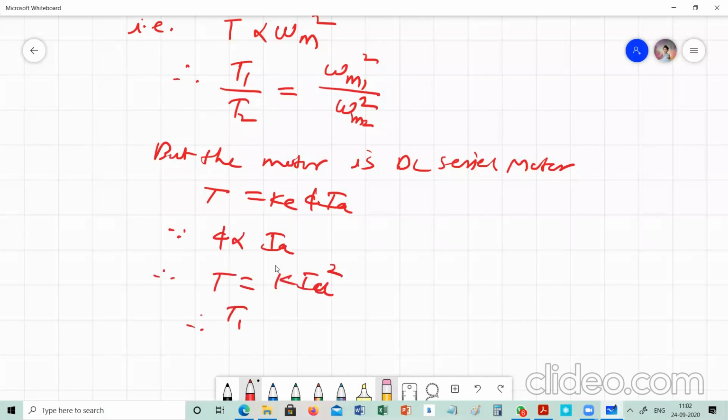Therefore T1 by T2 is equal to IA1 square by IA2 square.